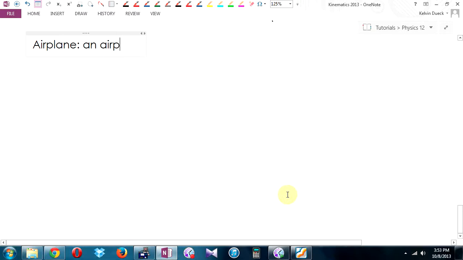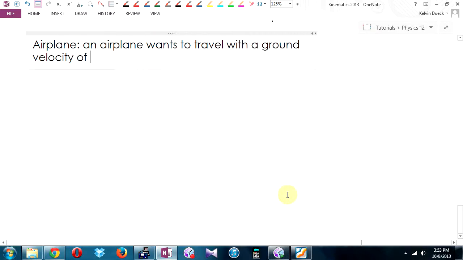An airplane wants to travel with a ground velocity of, let's make up a number, 285 meters per second due north.